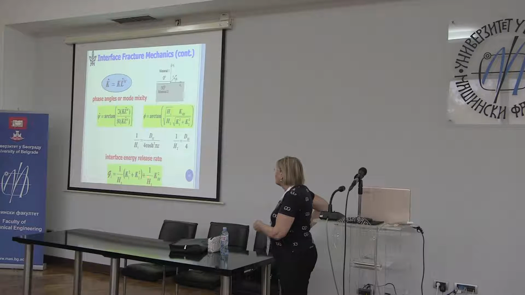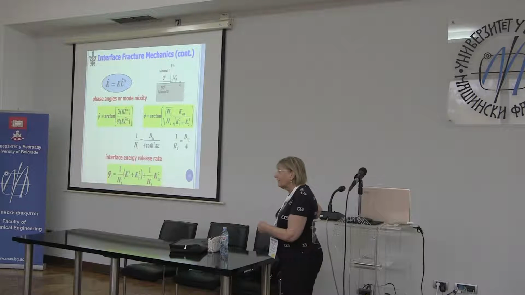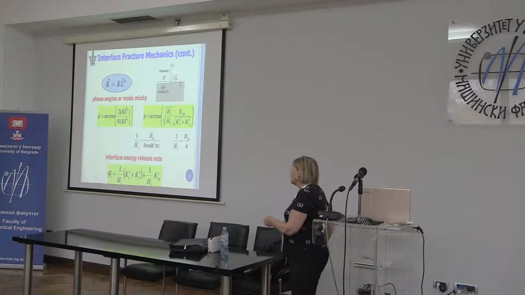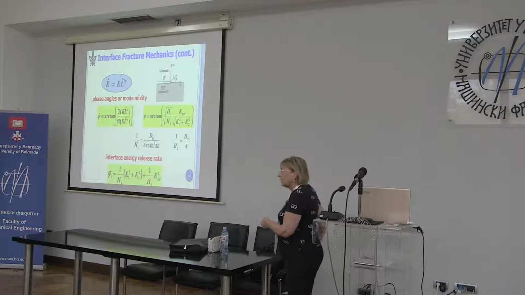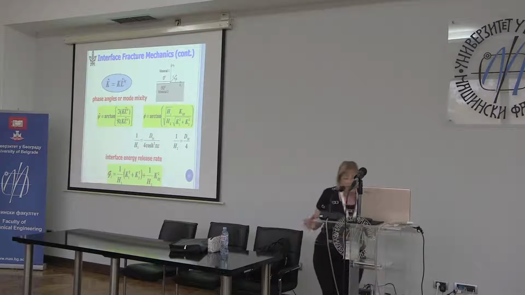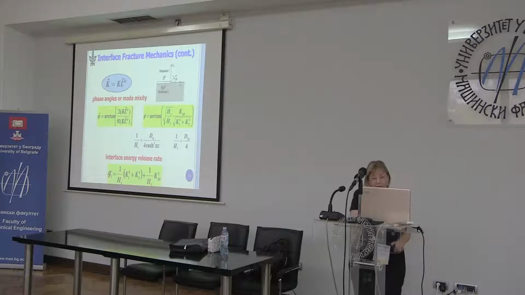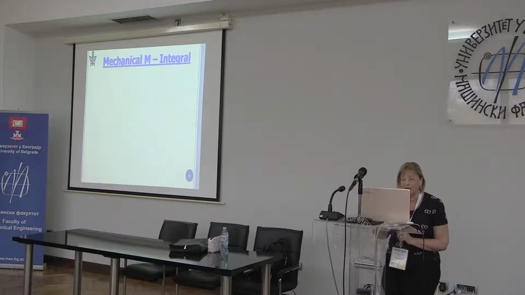And when we submitted that paper, we got it back that we were wrong, that K3 can't be over here, it has to be over here. But it was right, and eventually the paper was accepted for publication.